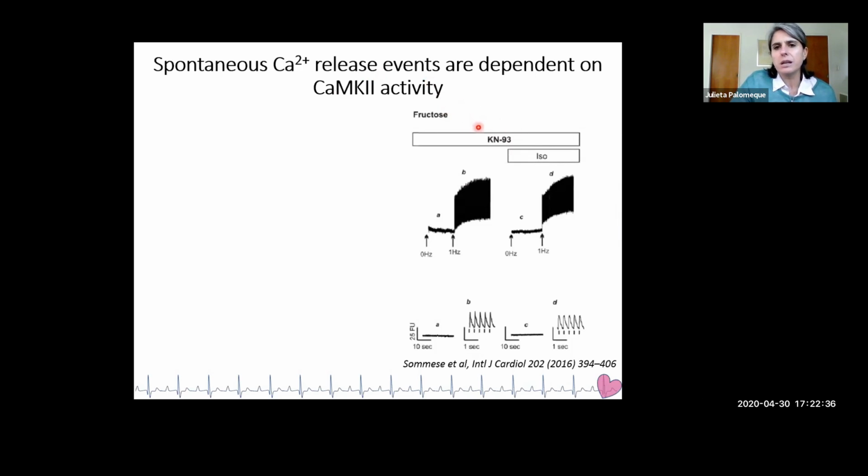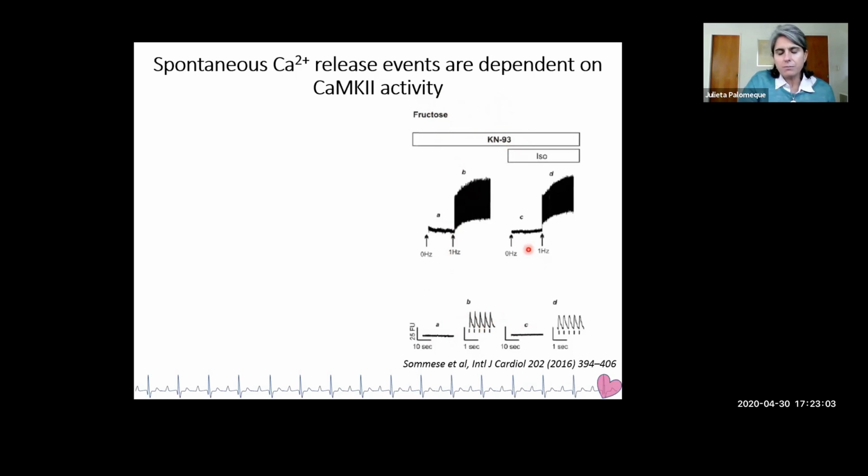Then we used the specific inhibitor of CaMKII, KN93, and we could detect that under the inhibition of CaMKII, the fructose-treated myocytes did not present any spontaneous calcium release events in quiescent conditions or even when they are paced.